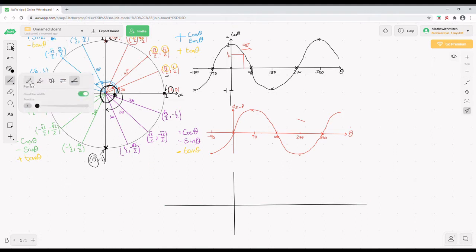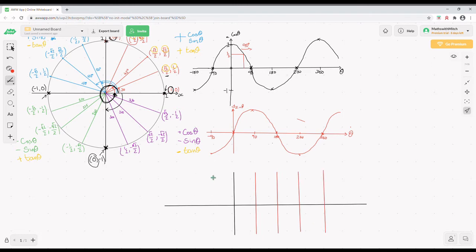We're going to draw some lines on to represent the 90, 180, 270, 360, and also minus 90. So we can just see where they line up with the graphs above. So let's label those up.